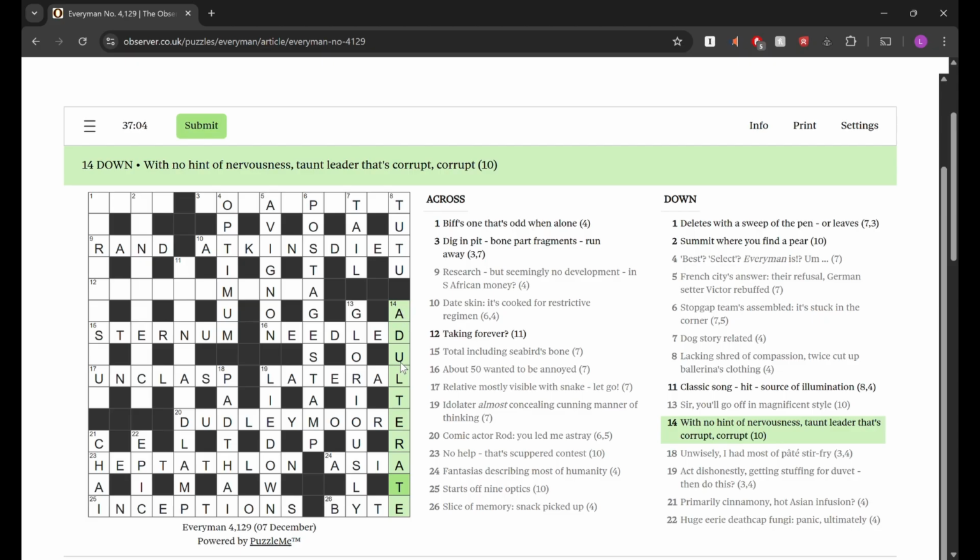Because then we're left with TAU. Are we just taking the N out of taunt? Can nervousness be shortened to N? I guess so. And then we're anagramming taunt without the N and leader to get adulterate, which means another word for corrupt.